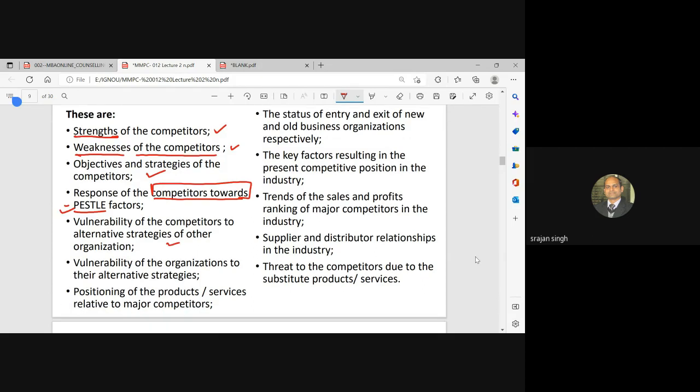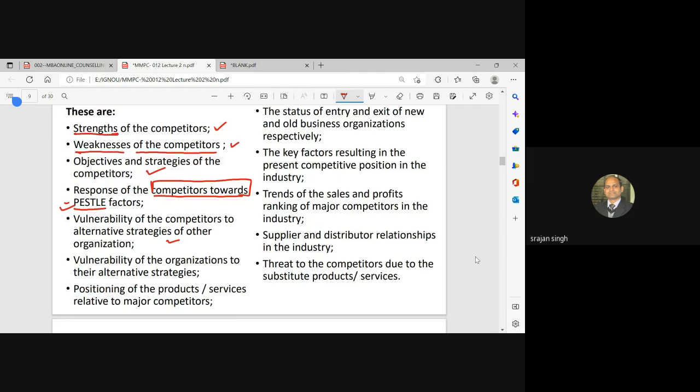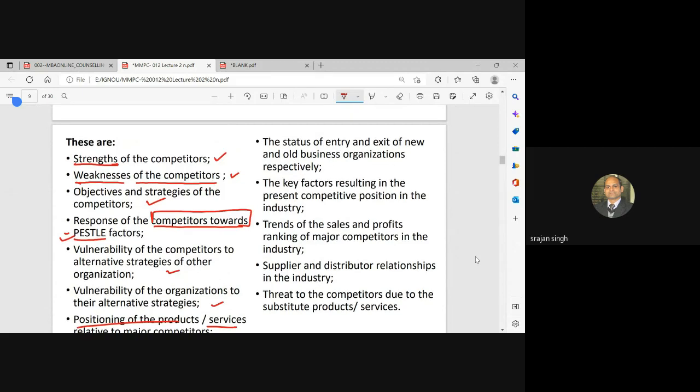Positioning of products or services relative to major competitors. The status of entry and exit of new and old business organizations, respectively. We'll discuss this one in detail later in Michael Porter's model.